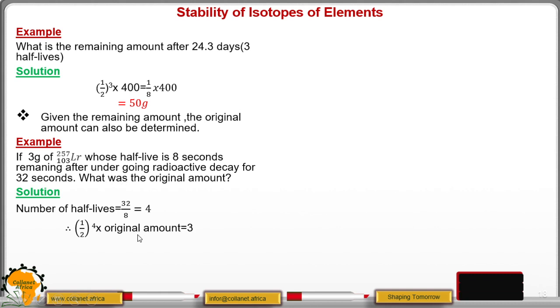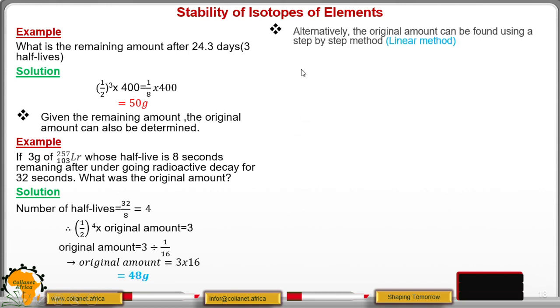So we are supposed to get this original amount. So our original amount will be 3 divided by (1/2)^4, which is 1/16. And when you are dividing by a fraction, you always multiply by the reciprocal. So our original amount will be 3 times 16, which is 48 grams.